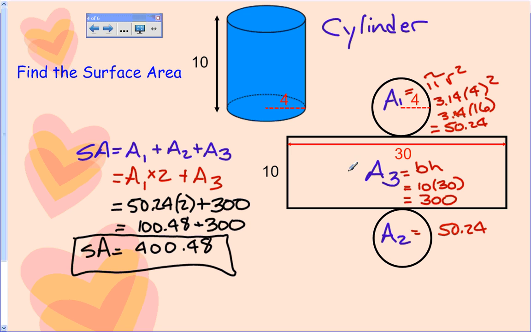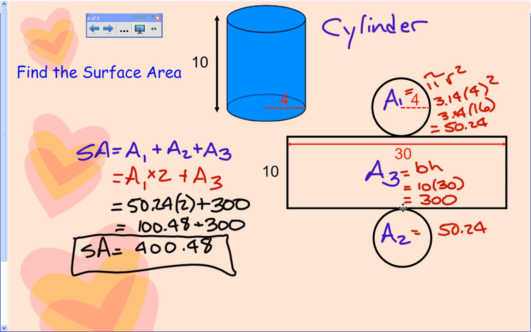Now, when I was looking at this last night, I realized that I had made a mistake in this. There's no way that this number could be 30. And if you have your net with you, take your net and fold it up to form it into a cylinder. So these sides wrap around the circle, right?